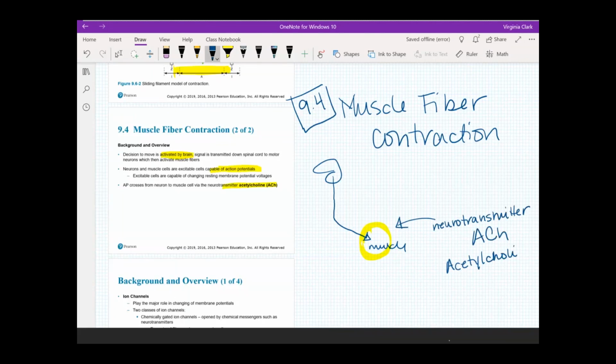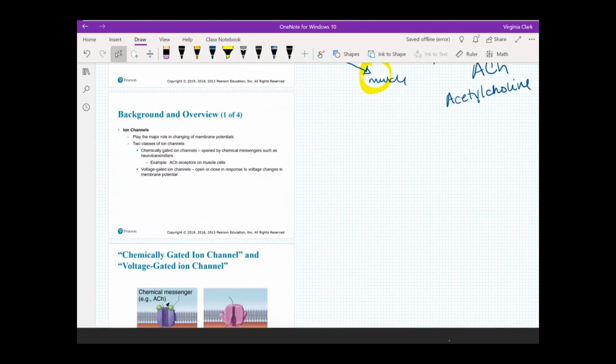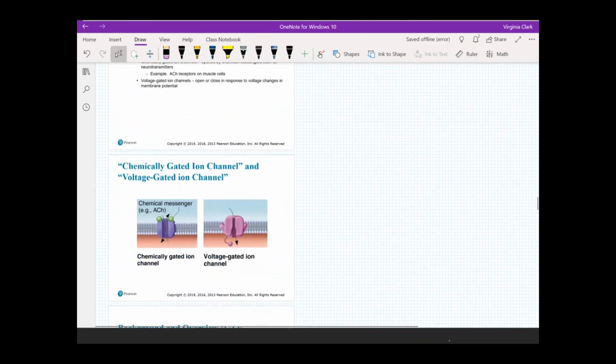That is what we will be talking about when we're talking about neurotransmitters and the connection between the nervous system and the muscles. Okay, so this is a 4-step process that we're going to talk about real quick.